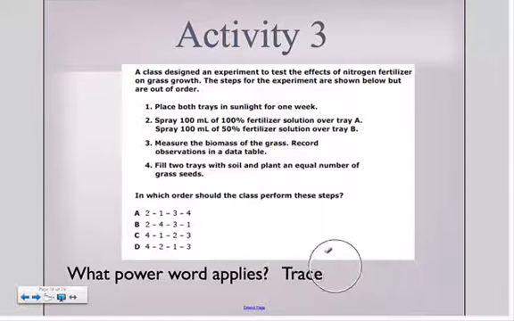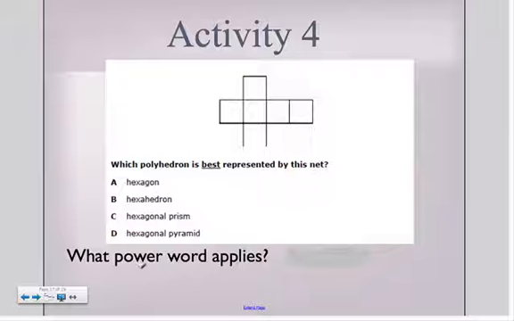Yeah, steps kind of gave this away. Trace. So remember, trace was the one where we are putting things in order. So the fact that it says these steps in order was a big hint for this one. How about this fourth question?